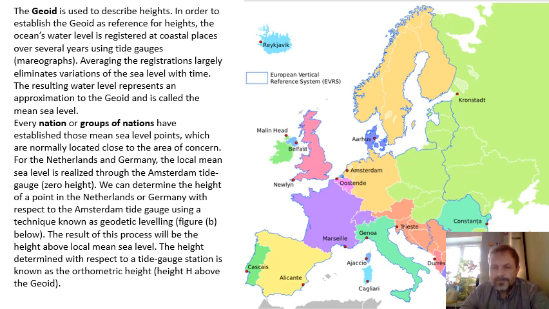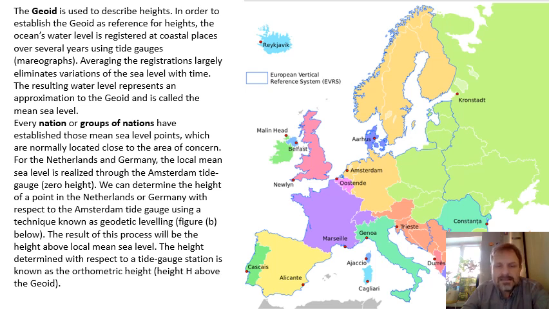Other zero points or tide gauges: Aarhus in Denmark, Amsterdam for the Netherlands and Germany, Ostend for Belgium, Newlyn for Great Britain, Marseille for France, Genoa for Italy, etc. Every nation or group of nations has established those mean sea level points which are normally located close to the area of concern.